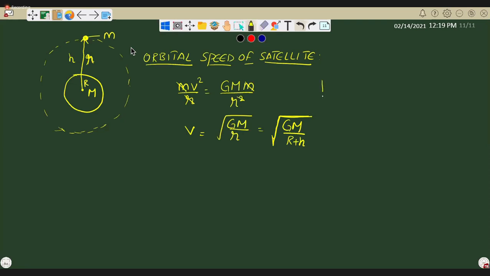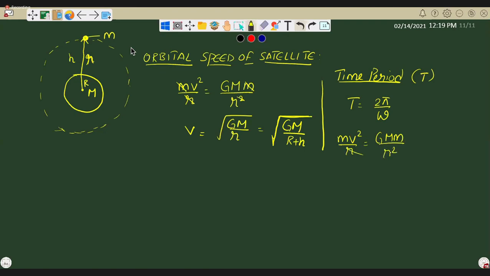Now ask, what is the time period of revolution of this satellite? What is the basic time period formula? 2 pi by omega. So if I can find omega and place it here, I get the time period of the satellite. To get omega, I'll take the same equation: mv squared by r is equal to GMm divided by r squared. The m gets cancelled. v squared is equal to GM divided by r, but v is r omega.